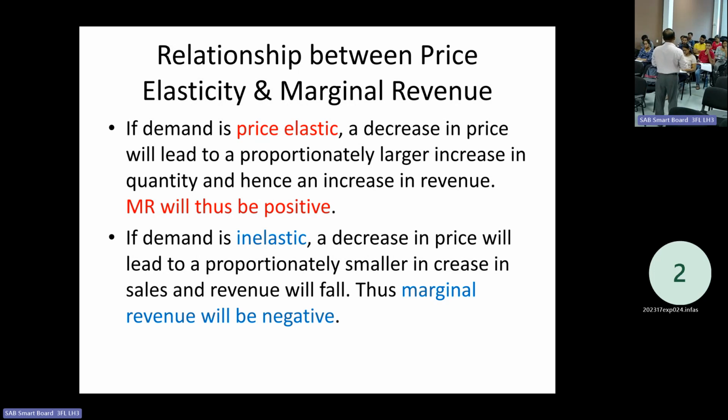That's why the government all the time raises taxes on goods which are inelastic, like fast-moving goods. When the taxes increase, the price of those goods increases in the market, but demand does not fall significantly. Even though the price increases, demand will not decrease proportionately, because demand is inelastic.